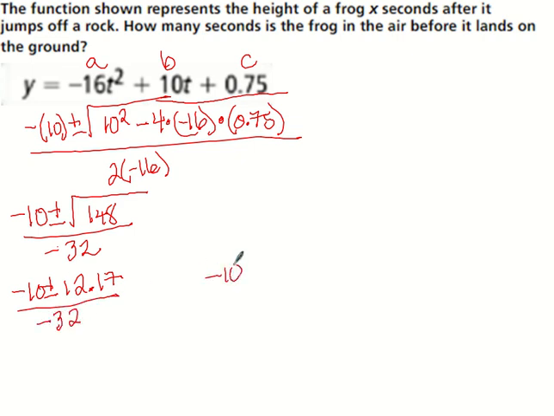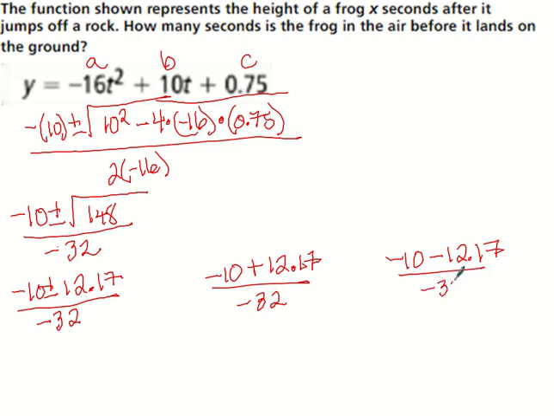So negative 10 plus 12 and 1700ths over negative 32, and negative 10 minus 12 and 1700ths over negative 32. So negative 10 plus 12 and 1700ths is 2 and 1700ths divided by negative 32 would get us negative, and it's a super tiny number, 6800ths.